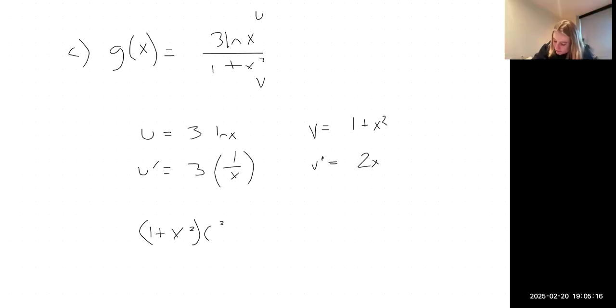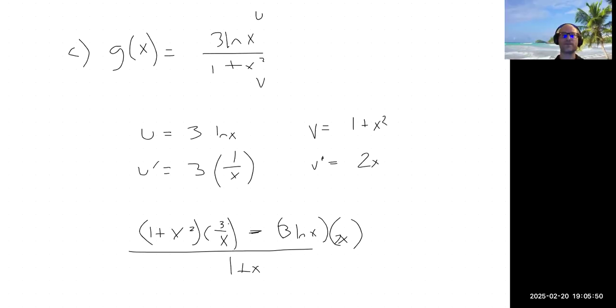And parentheses, high, 3 ln x, d low, derivative of v, which was 1 plus 2x. Okay, that was not that bad. Over the denominator squared. So 1 plus x squared, squared.